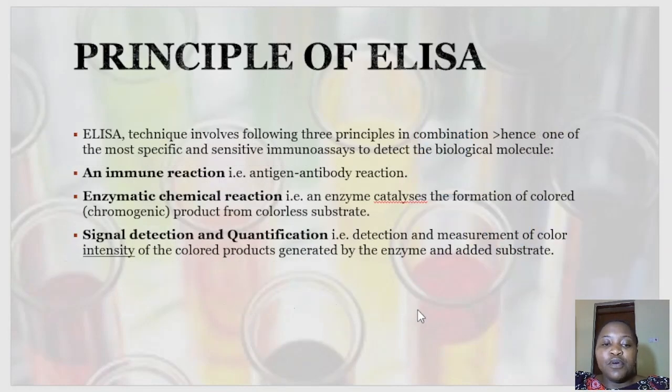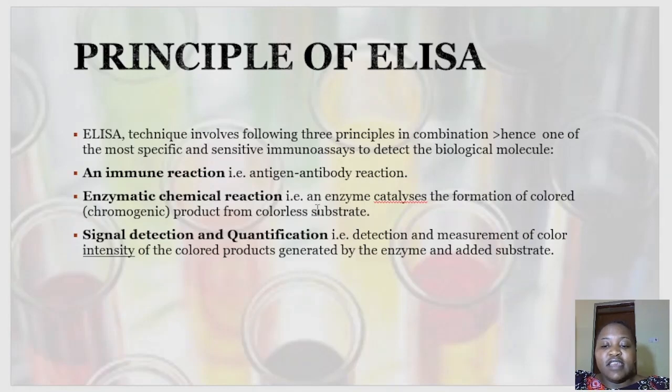The principle of ELISA usually will happen in 3 combined steps. One of them is the immune reaction, which is why we are calling it an immunological technique. So we have the antigen antibody reaction. Then we have the enzymatic chemical reaction, because we said that we normally have an enzyme tagged to your antibody.